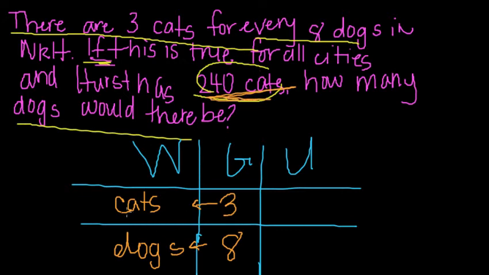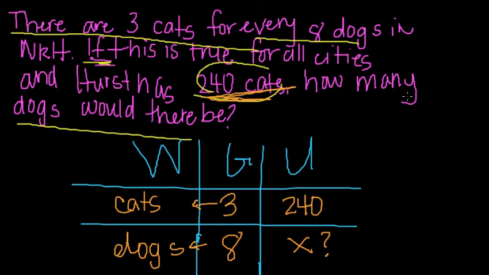They've told us the number of cats, so we're going to go to the cats row and put 240 there. We can't put 240 down here, that would mean 240 dogs. They have told us 240 cats. And then the question says, how many dogs would there be? Well, we don't know, so we're going to put that variable there, that letter, which stands for I don't know. That's what we're solving for.